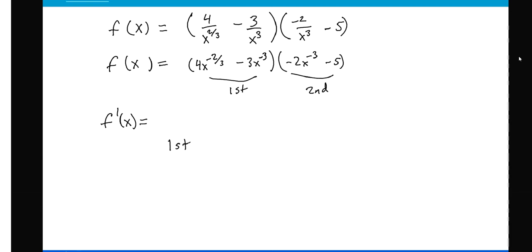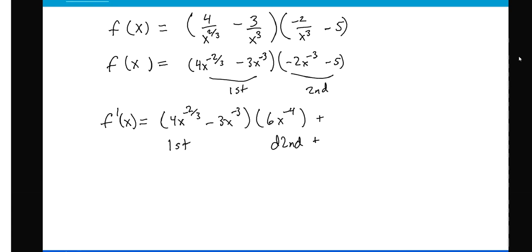So first is just that first parentheses, 4x to the negative 2/3 minus 3x to the negative 3. Then we need the derivative of the second. And so the derivative of the second parentheses: negative 2 times negative 3 is 6x to the negative 4. Derivative of negative 5 would be 0, so that's gone.